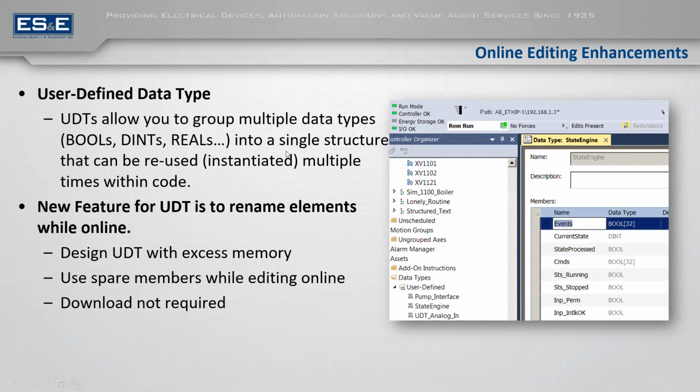So it was a pretty painful process. Now you have the ability to change that without having to delete or go offline or anything like that. So it gives you the ability that you want to design UDTs with excess memory. That way you have that extra in case I need to add something, I have it available to me at any point in time.